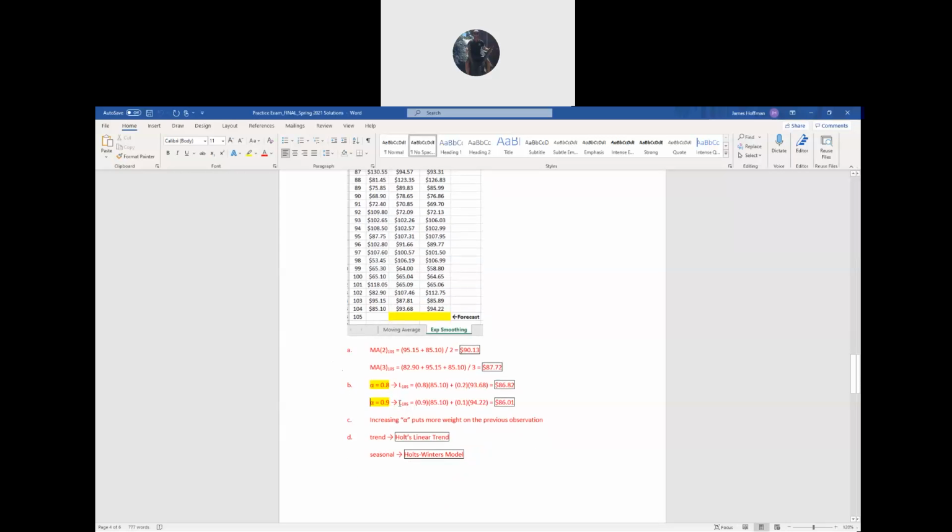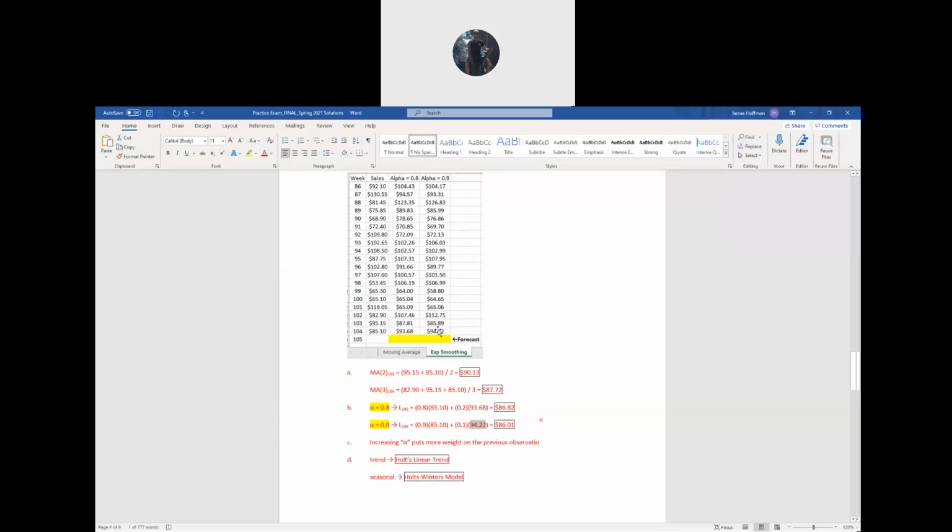Okay, so the week 105 for alpha equals 0.9 is alpha 0.9 times the last observation, which is week 104 sales, $85.10, plus 1 minus alpha. So if alpha is 0.9, then 1 minus alpha is 0.1 times the last forecast for the alpha equals 0.9 process, which is right there.